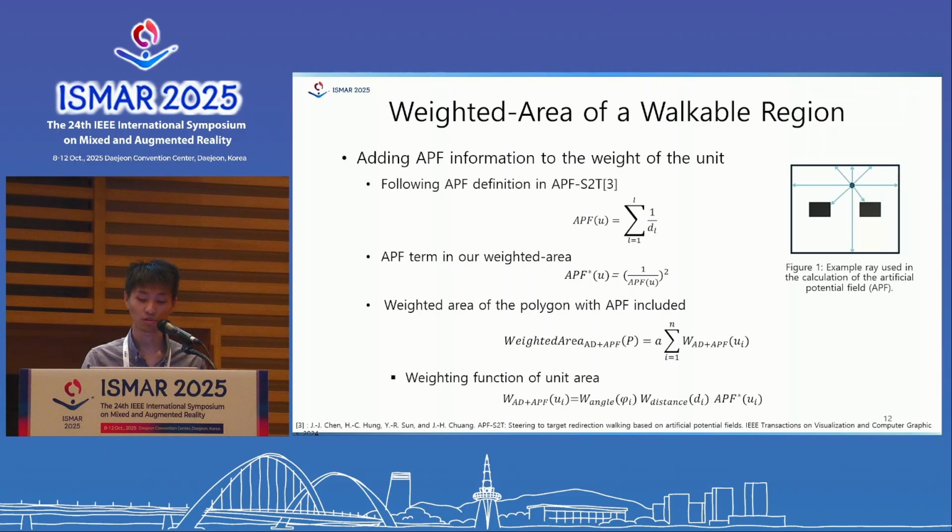But in our approach, we want more open regions to have higher importance, so we invert the APF function, and we also square the value to scale the weight, since summing over many units can smooth out APF differences. Finally, by multiplying APF star with W angle and W distance, we obtain a new weighting function for each unit, and summing this gives the weighted area of the polygon with APF included.